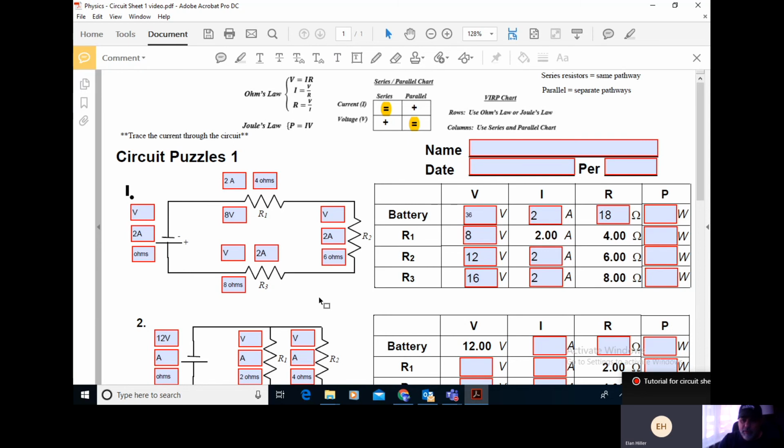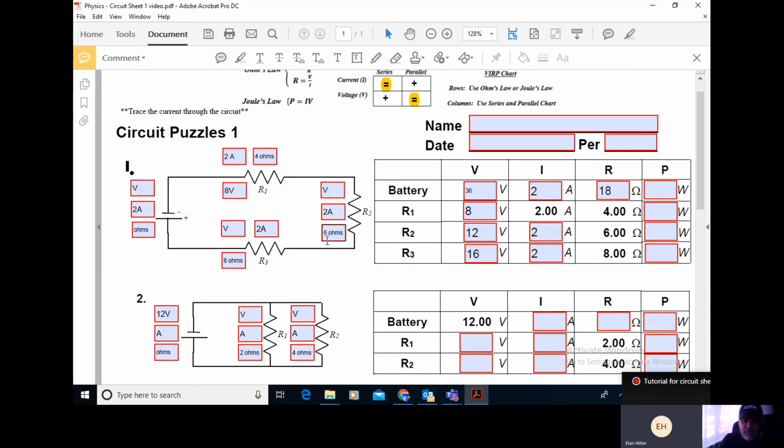Okay, so one of the things that I want to do before we do our power calculations is show you how all this works. Again, reiterate one point: when you have the total voltage on the battery, in this case 36, you need to remember to break down the battery into 2 parts.